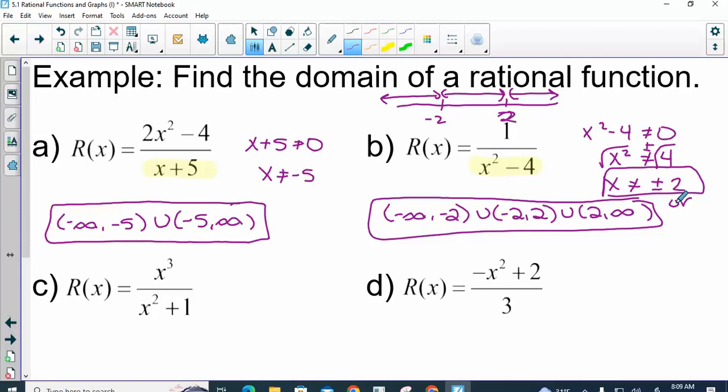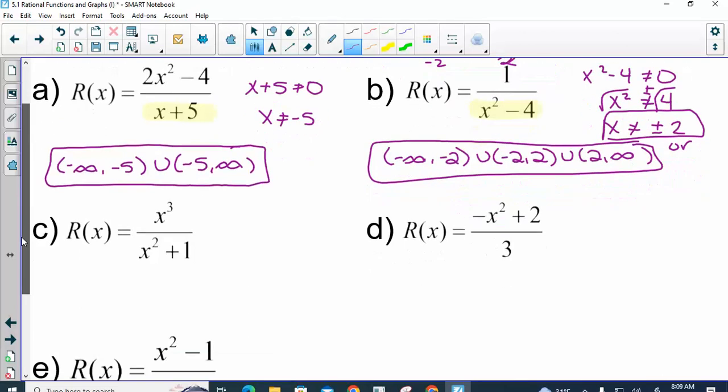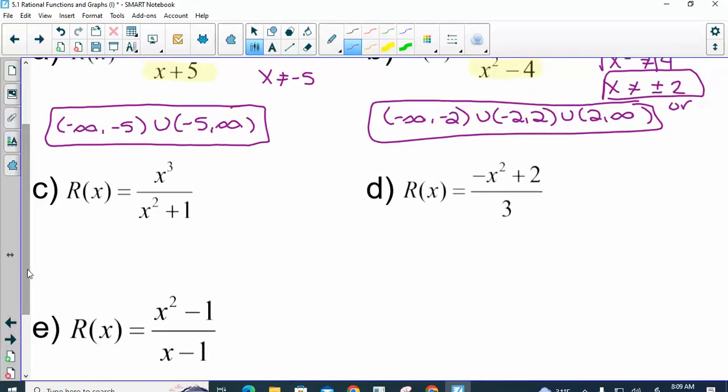So if I'm looking at this one, my denominator cannot be 0. So that means x squared cannot equal -1.